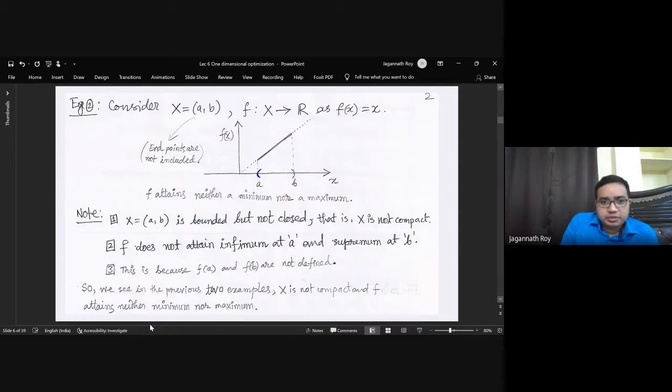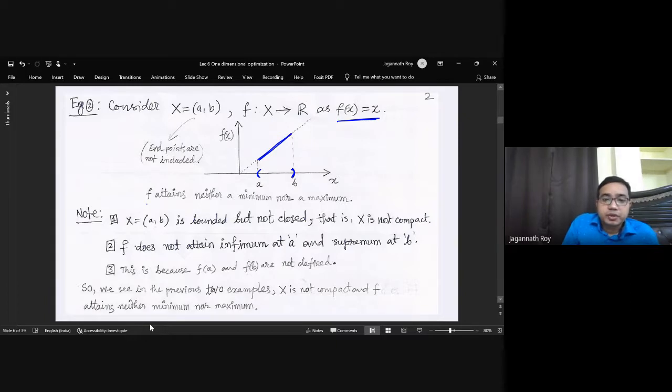If you think about this, X equals this open interval (a, b), and the function is f of x equals x. So this is a straight line. We are thinking about only this interval.